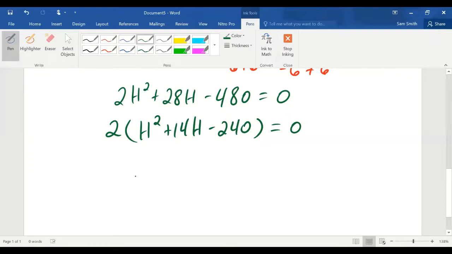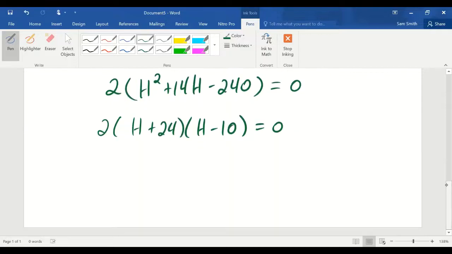So what stands out to me about negative 240 is that it can be thought of as the product of 24 and negative 10. And those two numbers, 24 and negative 10, if I add them together, I get the positive 14 here. So we did turn out to be very lucky.